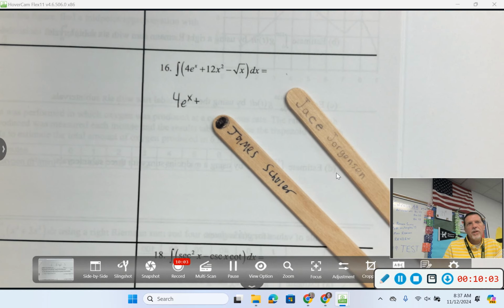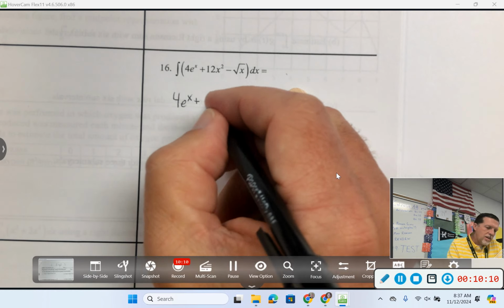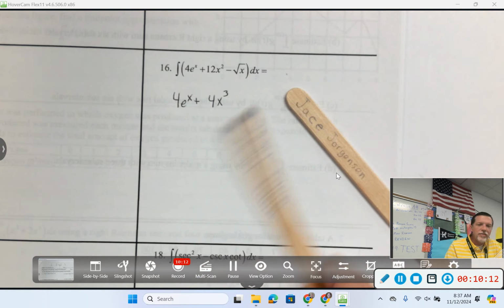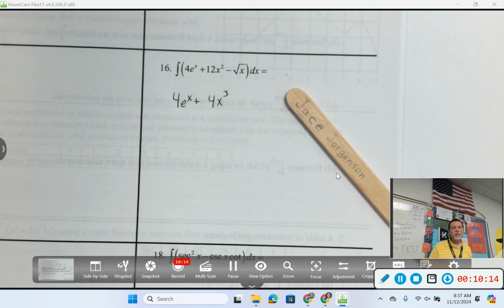Increase the power by 1, and then divide by the new power. So 4x cubed. And he opted to simplify on the fly, which is fine. Yes, increase the power by 1, that gets you x cubed. Divide by 3, 12 over 3 is 4. But if you had left it as 12 over 3, that'd be fine too.